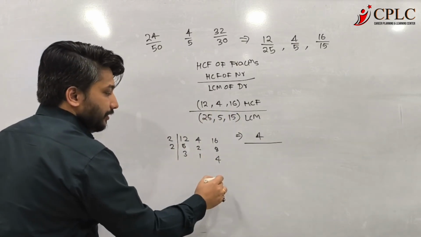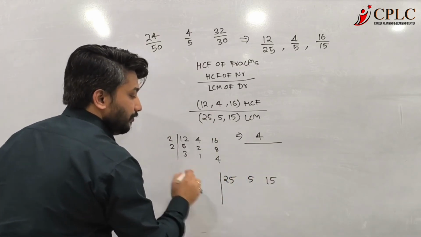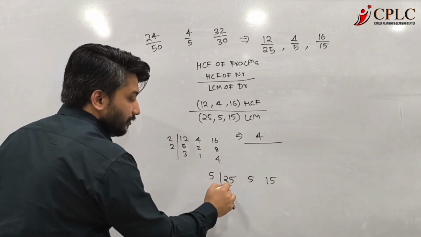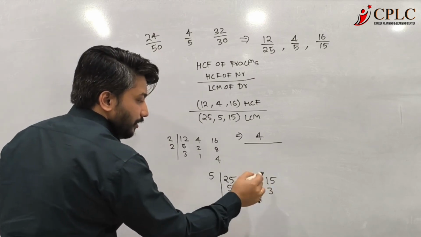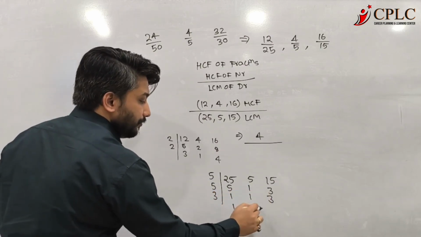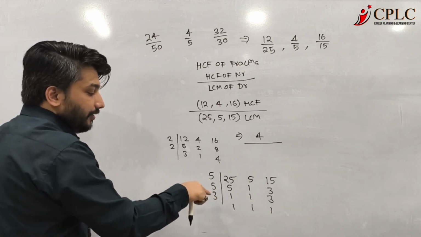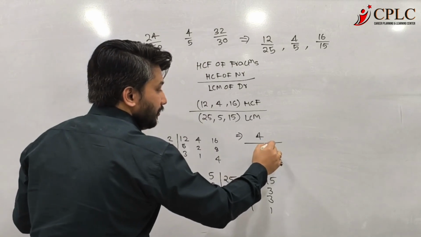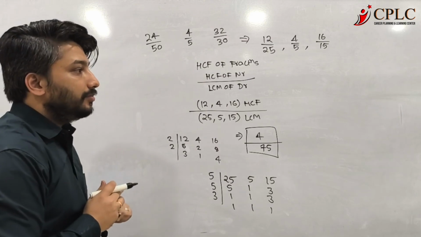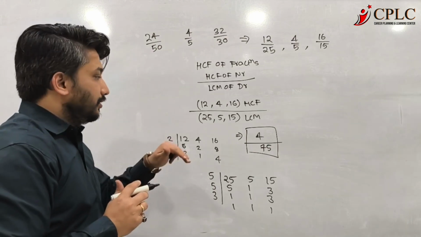Now for the LCM part, 25, 5, 15, we have to find out the LCM. All these numbers can be divisible by 5, and then 5 and 3 both. So the LCM becomes 5 into 5, 25, 25 into 3, 75. So the entire answer for HCF becomes 4 by 75 after all the calculations.